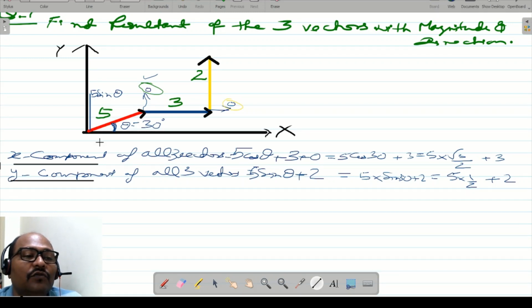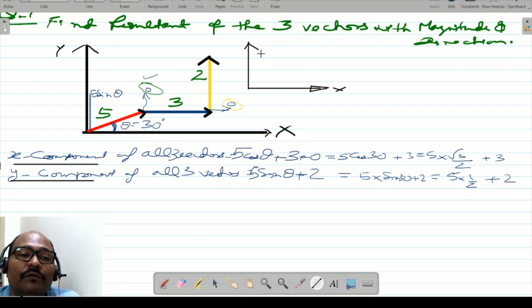So we will take the x component here, and here we will take the y component of the resultant vector, right, students?